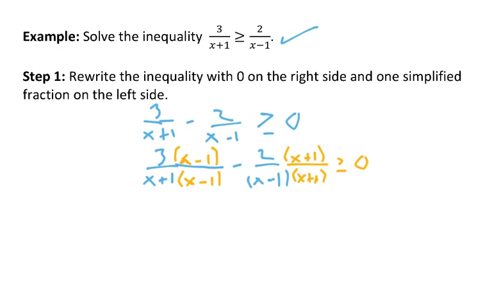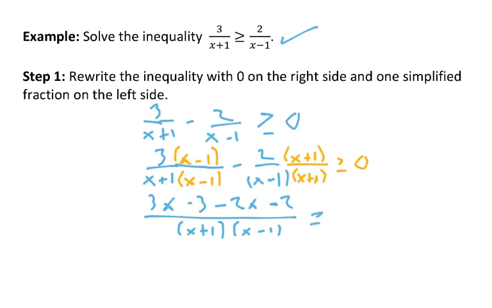Multiplying out the parentheses, we would get 3 times x minus 3, and then multiplying the negative 2 across the second parentheses, negative 2x minus 2. The denominator would be the product of x plus 1 times x minus 1.